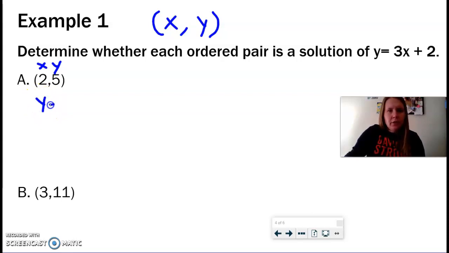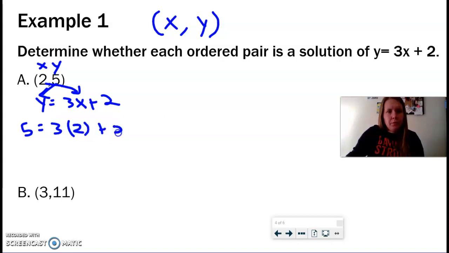Here's my equation again, y equals 3x plus 2. We want to make sure this is a true statement when I plug these in. I'm going to plug in 2 for x and substitute in 5 for y. Now I have 5 equals 3 times 2 plus 2.